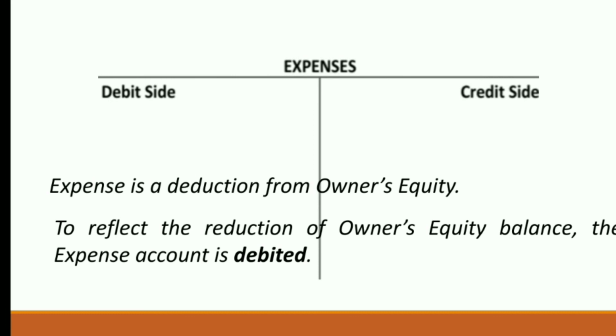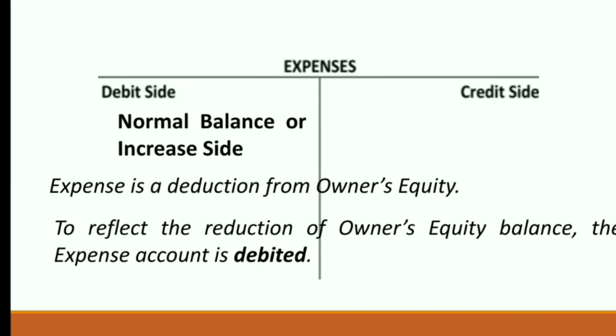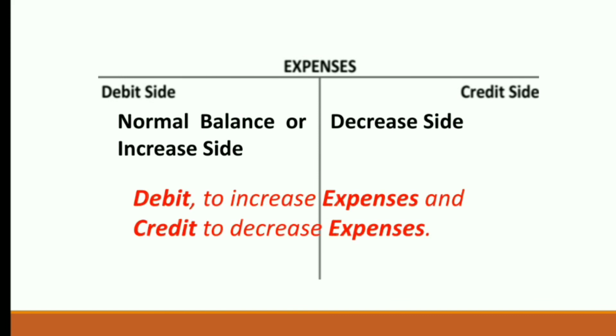So the normal balance or the increased side of expenses is located in the debit side. And then the decreased side of expenses is located at the credit side of the expense account. And we then say debit to increase expenses and credit to decrease expenses.